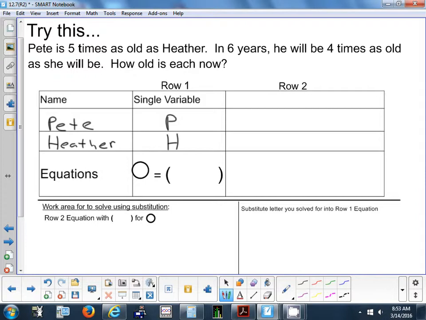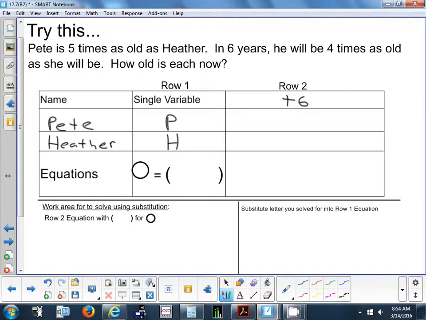Now for row 2, you have to look and say, is this a problem about the future? Or is this a problem that says like years ago? Which one is this? Is it talking about their ages in the future or the past? Yeah, in the future. In 6 years. So we want to think what our heading would be. If you knew your age right now, what would you do to that number to figure it out in 6 years? Add 6.